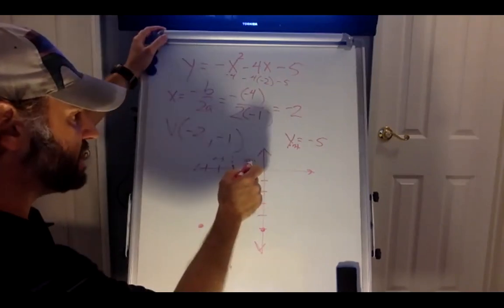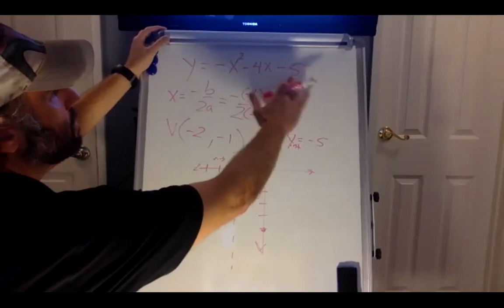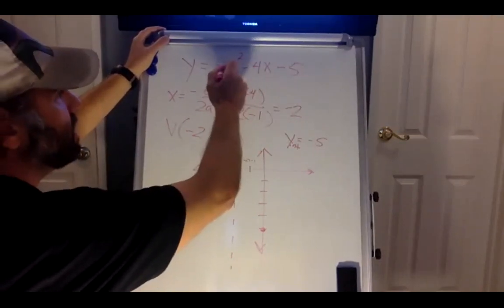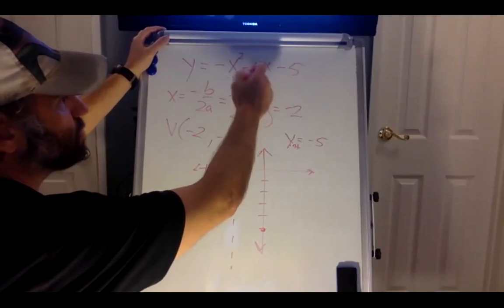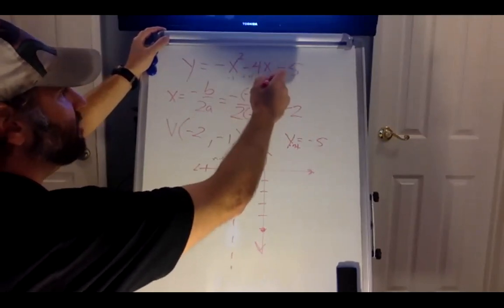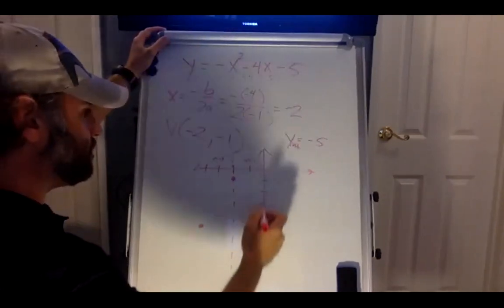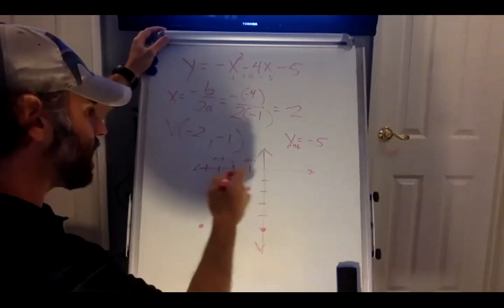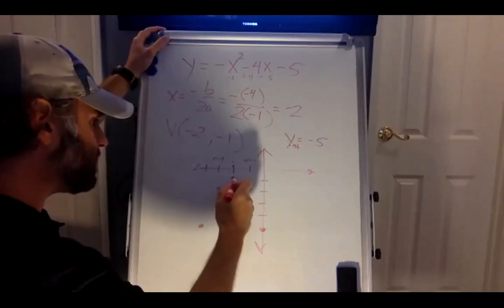How do I know where the point is at x is negative 1? Plug it in. x is negative 1. Negative 1 squared is 1. So then negative 1 minus 4 times negative 1 is plus 4 minus 5. So that's 3 minus 5 is negative 2. So negative 1, negative 2. Then that means the mirror is over here. And there, you've graphed it.